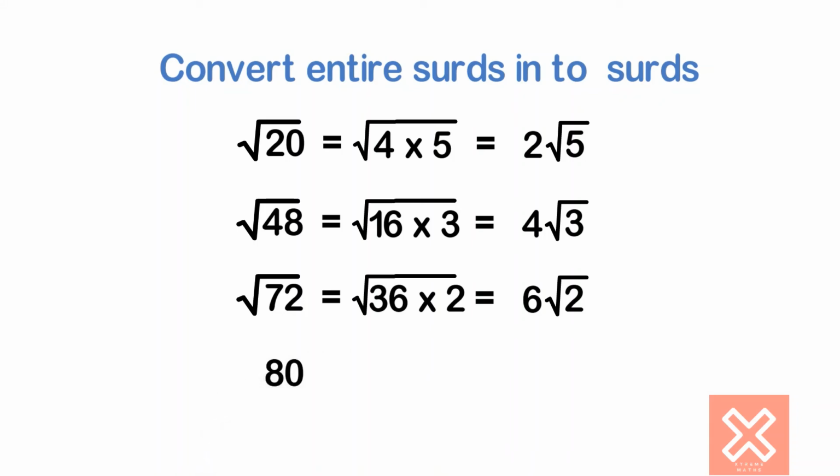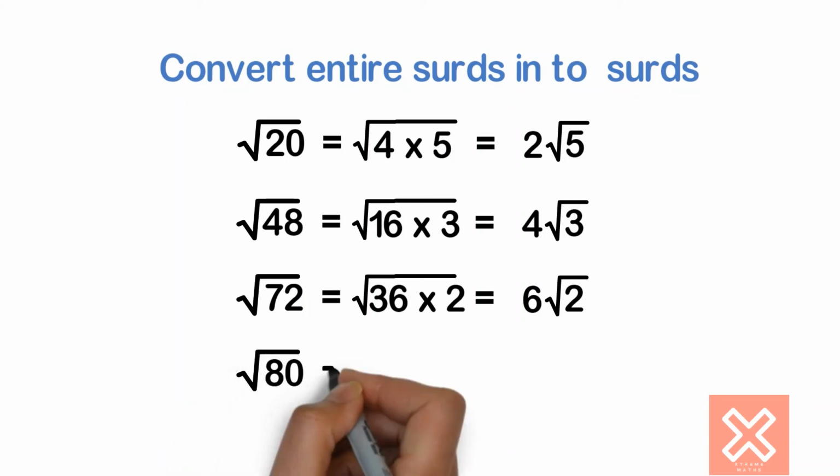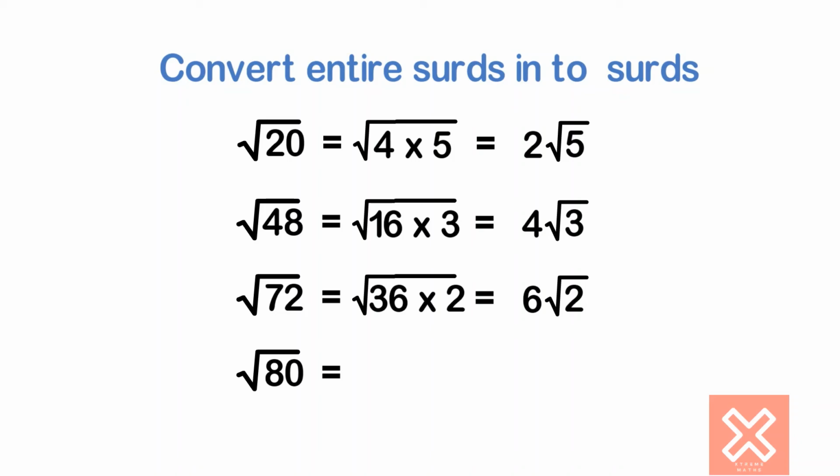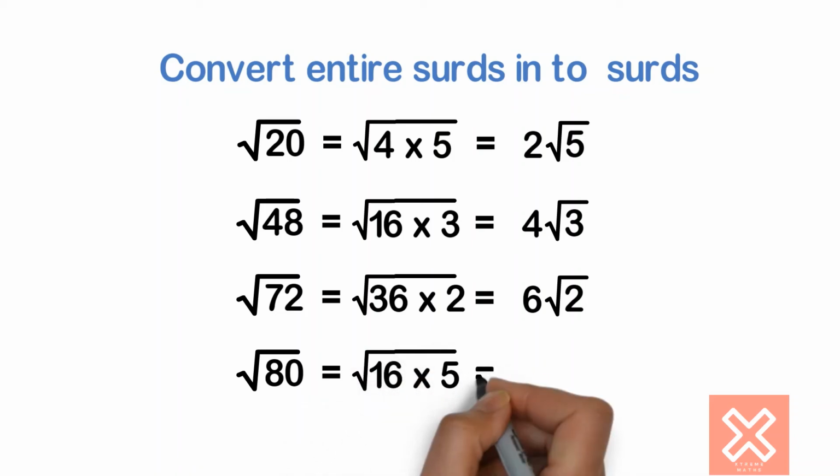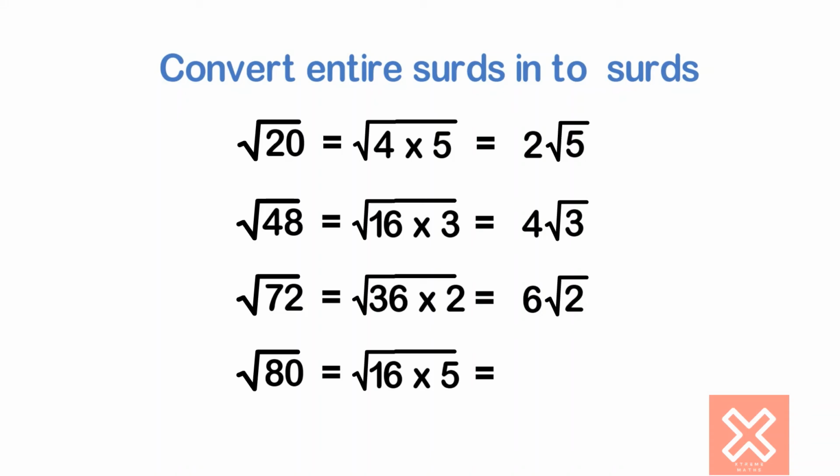Next, √80: inside 80, the highest square number we can take is 16. √16 times √5. Square root of 16 is 4, so 4√5 is the answer here.